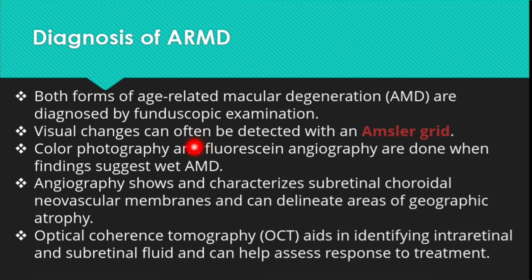Color photography and fluorescein angiography are done when the findings suggest wet AMD, right? So they are not useful if the findings are suggesting the dry form. Angiography shows and characterizes subretinal choroidal neovascular membranes and can delineate areas of geographic atrophy. Optical coherence tomography, OCT, aids in identifying intraretinal and subretinal fluid and can help to assess the response to treatment.